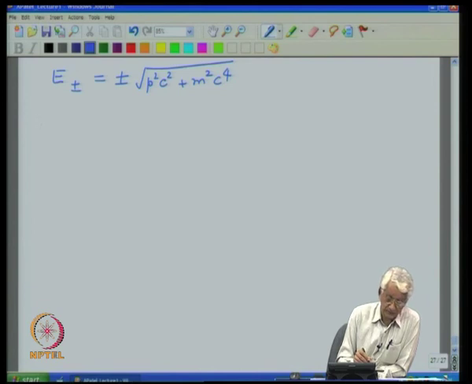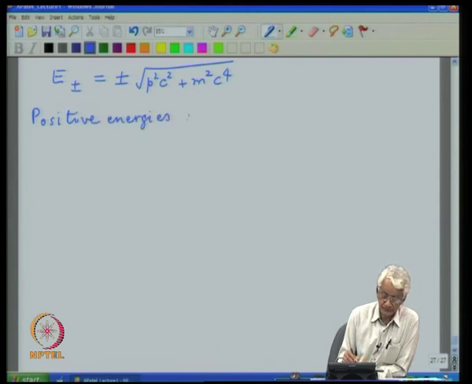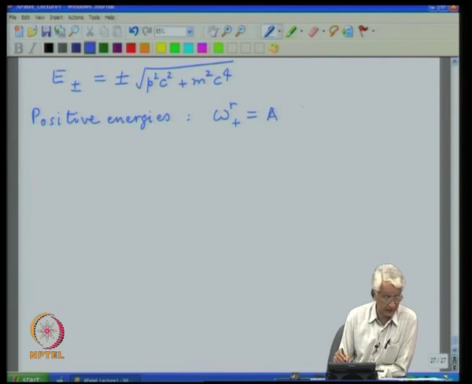So, for positive energies, we write the solutions omega plus is equal to some normalization constant, and then the two component spinors.